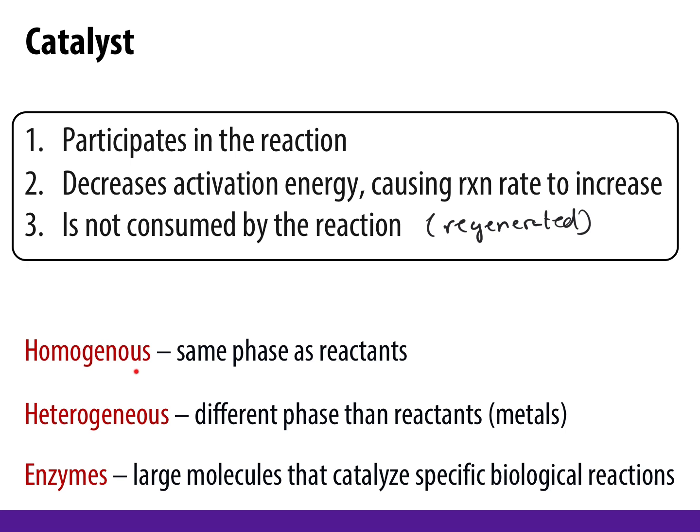We have some definitions. Homogeneous is the same phase as the reactants. Heterogeneous would be a different phase than reactants. Often, a solid metal surface can catalyze either gas phase or aqueous phase reactions. So that's an example of heterogeneous. Enzymes, again, maybe they're homogeneous, but they're large molecules that catalyze specific biological reactions.